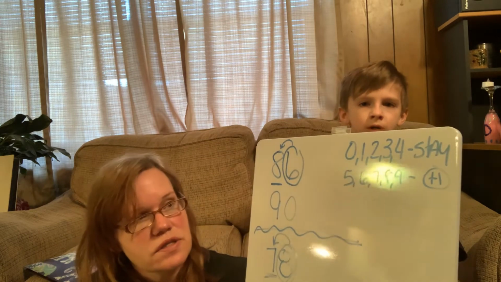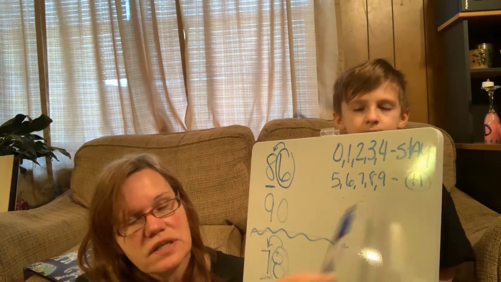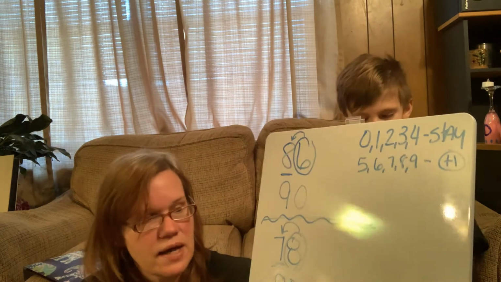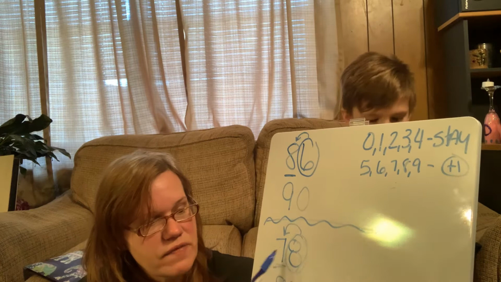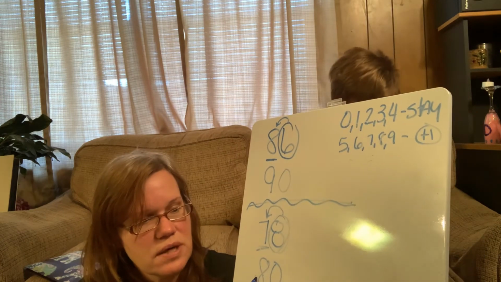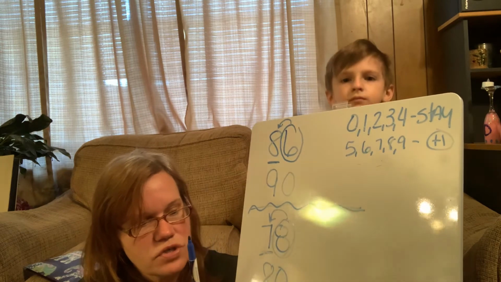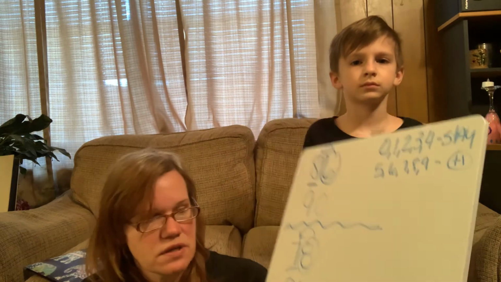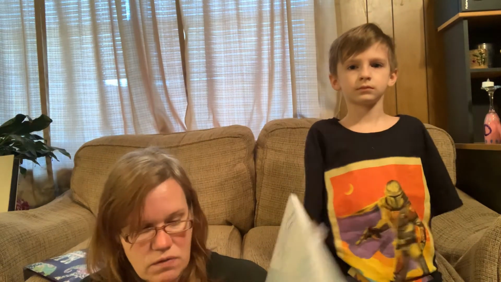No. Does it fall between the 5 and the 9? Yes. So this group right here, if it's 5 or more, we add one more. So the 7 goes up to an 8. The numbers to the left stay the same. The number to the right becomes zero. So 78 rounds to 80.